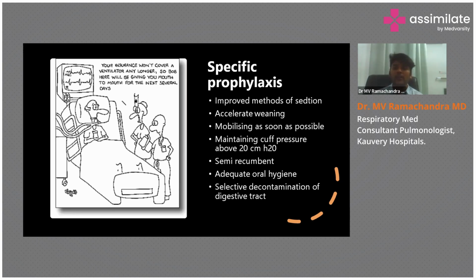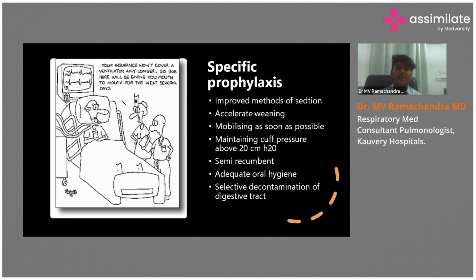So oral hygiene should be maintained so that colonization by very pathogenic bacteria is prevented. Usually patients who are in the ICU or hospital get colonized with very pathogenic bacteria. This colonization can be prevented with adequate oral hygiene.